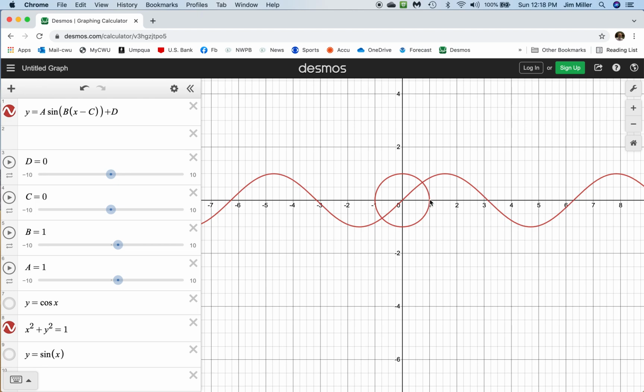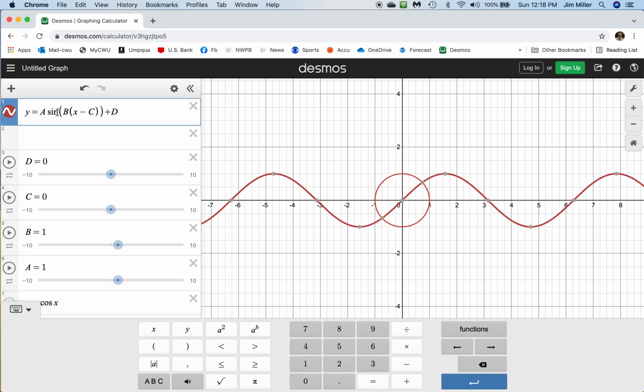The y-coordinate here is 0, goes to 1, goes to 0, goes to -1, and back to 0 at 2 pi, 6.28. Okay, and you could play with these parameters and see how they adjust the sine curve just like the cosine curve gets adjusted. So that's graphing sine and cosine.